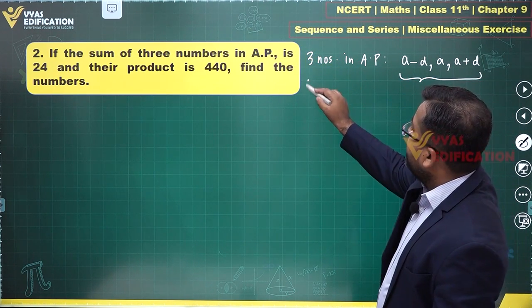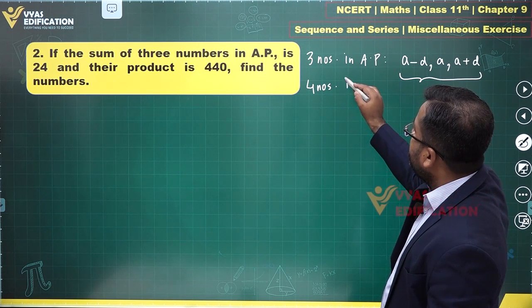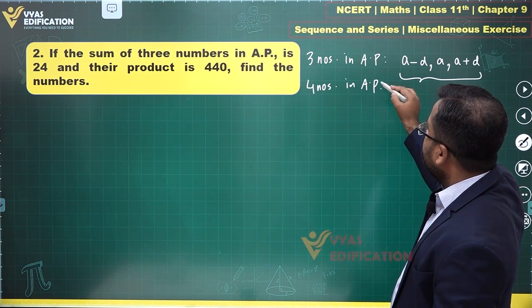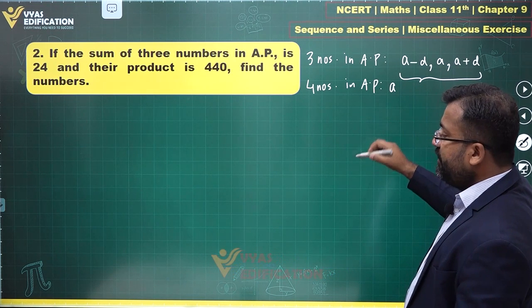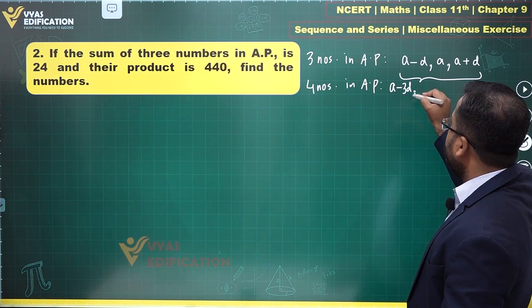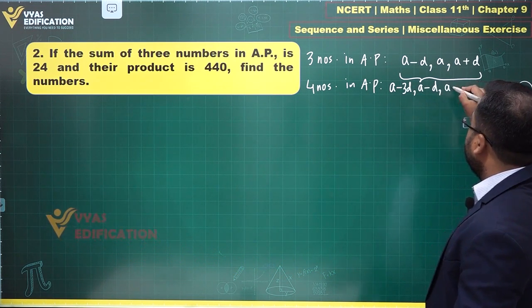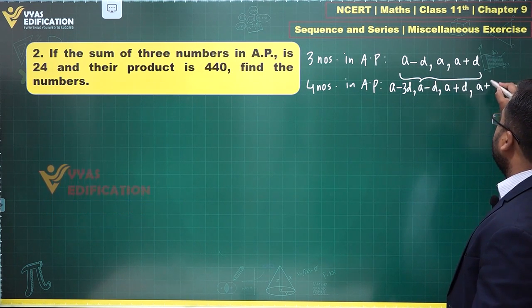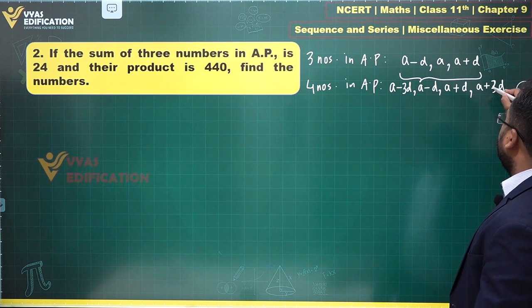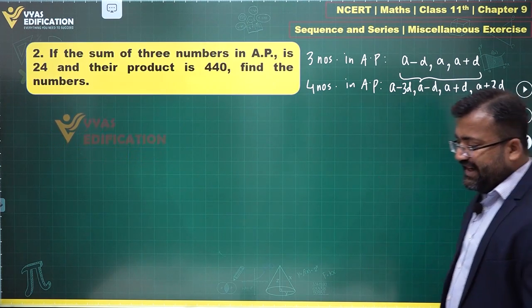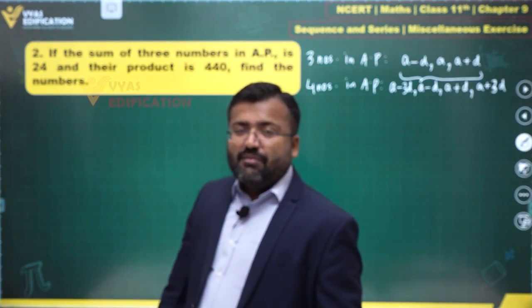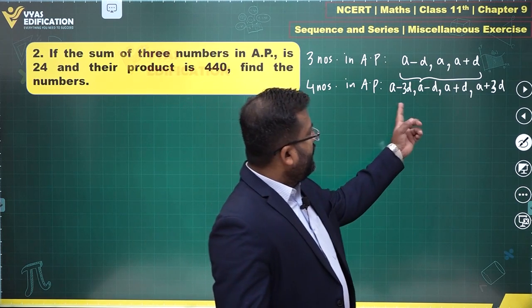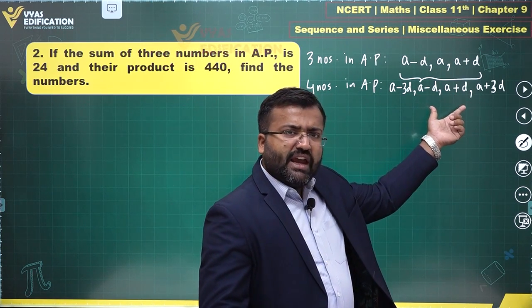Right. In case the person says four numbers in AP and he gives a sum, what can you take as four numbers? a minus 3d, a minus d, a plus d, a plus 3d. Again, if you see in this particular arrangement, the sum of all these numbers is 4a, right?